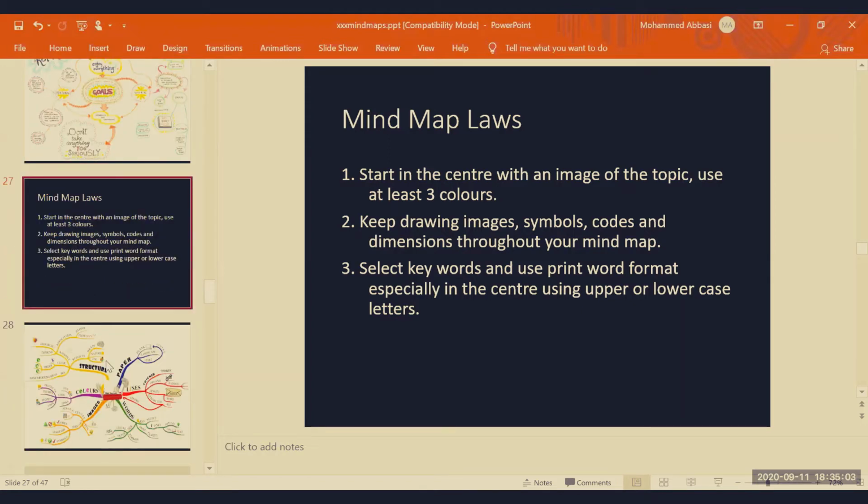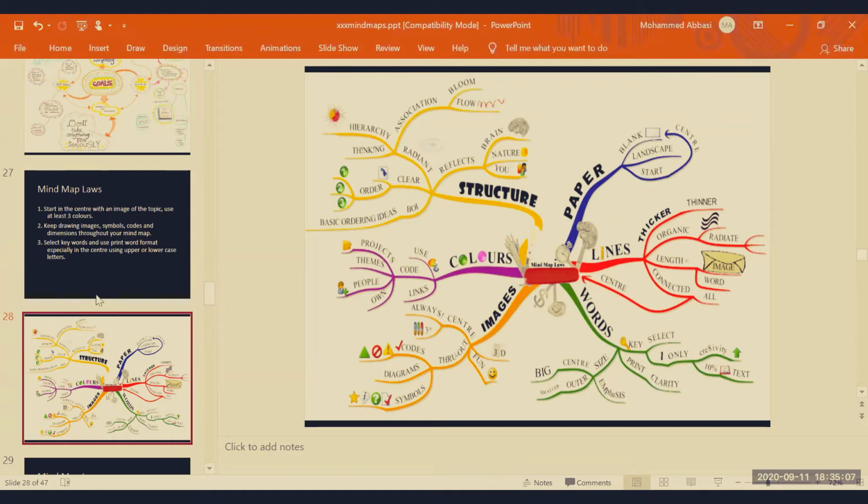This shows you a bit more detail as you're growing this mind map. You use words, of course, you use lines, short lines, small lines, thin lines, thick lines. You're using the paper, structuring it according to what you want to achieve. Use lots of colors, use lots of images.